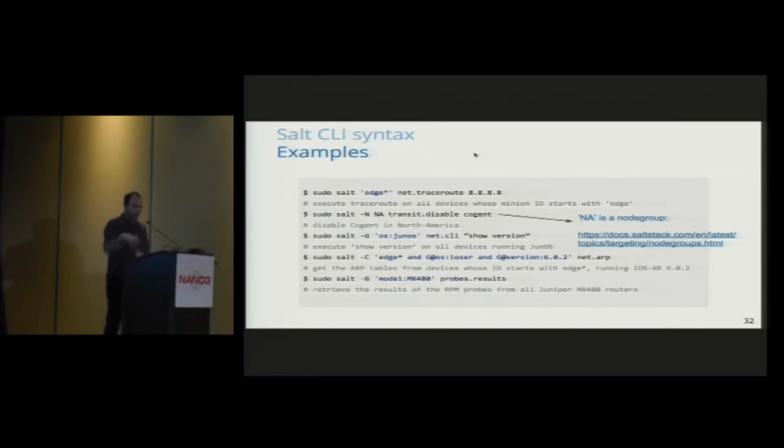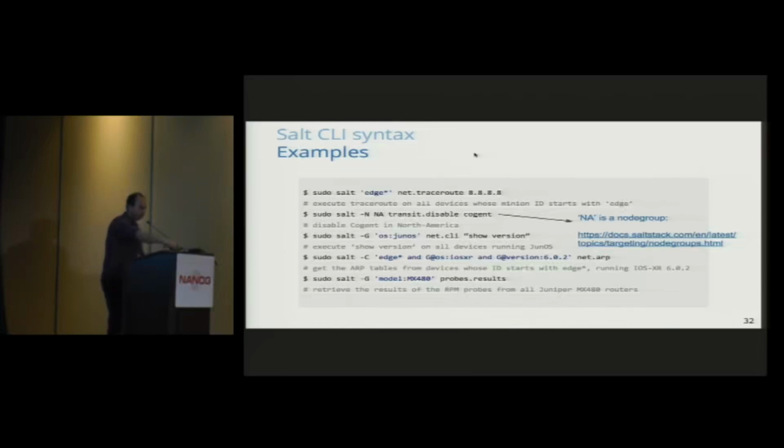You can read the documentation on the link here, where you can define a list of devices or minions that are within a group. For example, we have this node group called NA for North America, and you can target all devices we have in North America just like that, salt -N NA.